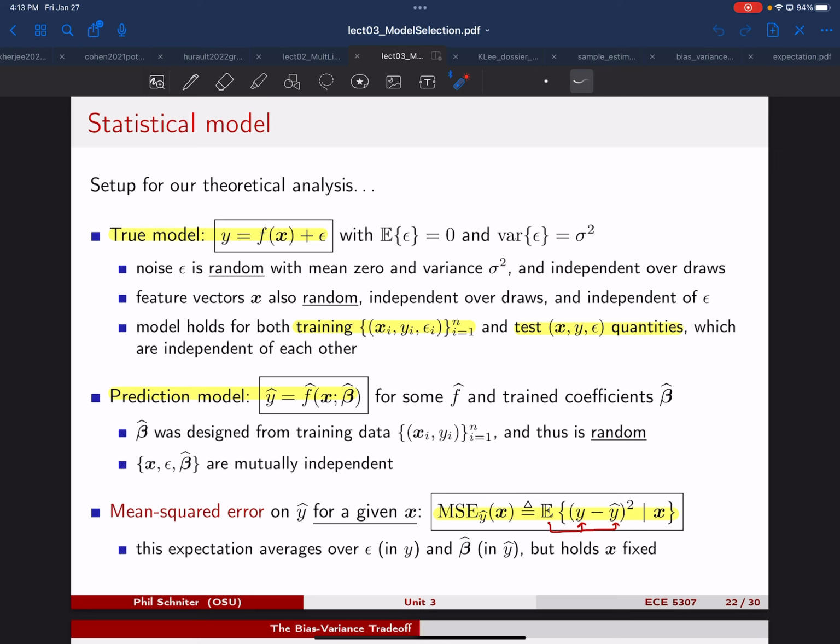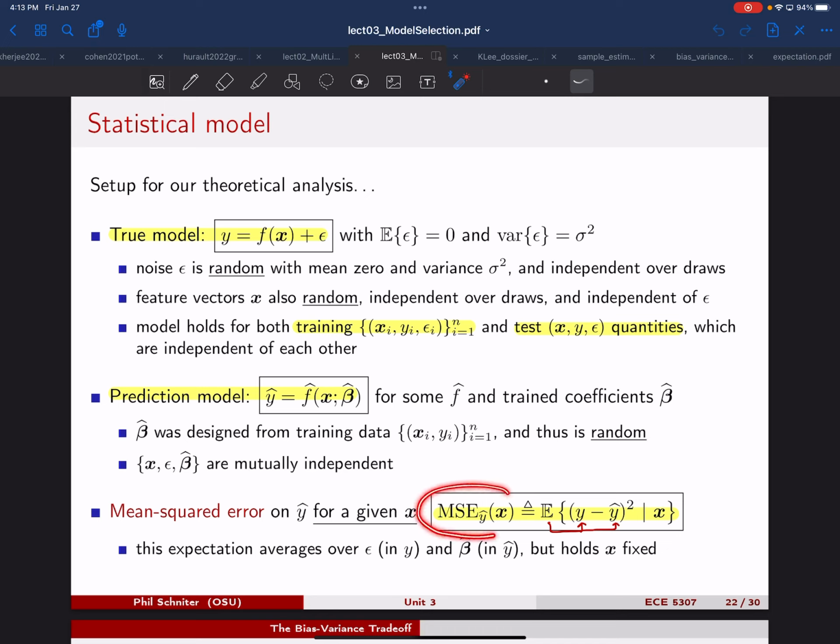So that's our goal. And finally, the performance metric that we care about when we talk about regression is the mean squared error. This is the typical one. We want to know the expected value of the squared error between the true and predicted targets. For our derivations, it helps to first think of x as fixed, even though it is random, by conditioning on x.